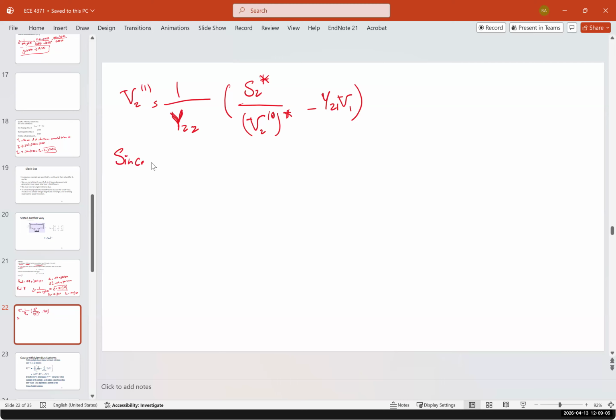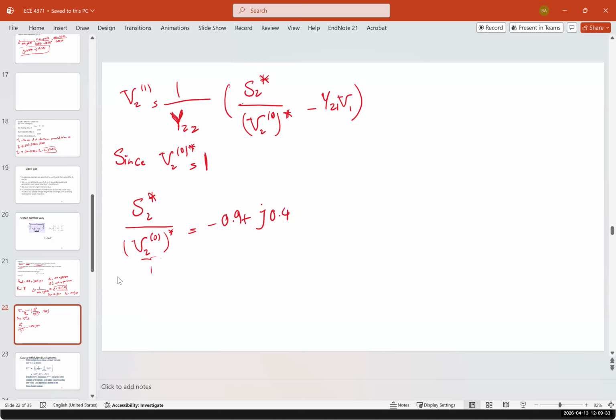Since V2(0), the zeroth iteration, is going to be equal to 1, we get S2 conjugate over V2(0) conjugate, which is over 1. This is 1, which gives us the same, which is negative 0.9 plus j0.4.